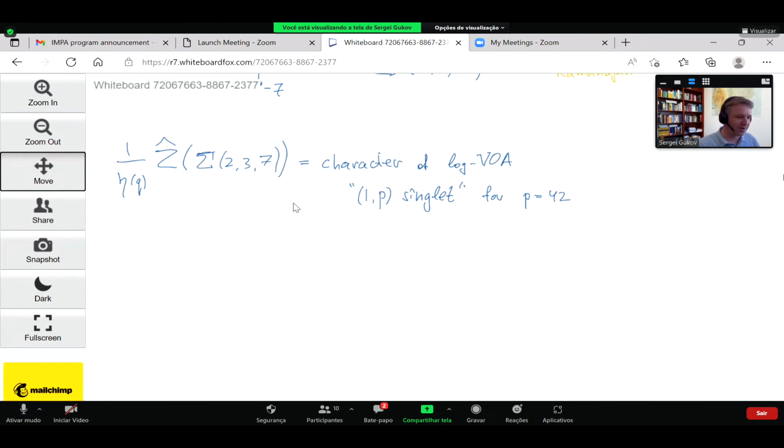In particular, let me try to explain what this so-called singlet log VOA is. It's labeled by an integer p. So now we are moving to the next discussion topic, log VOAs, logarithmic vertex algebras.